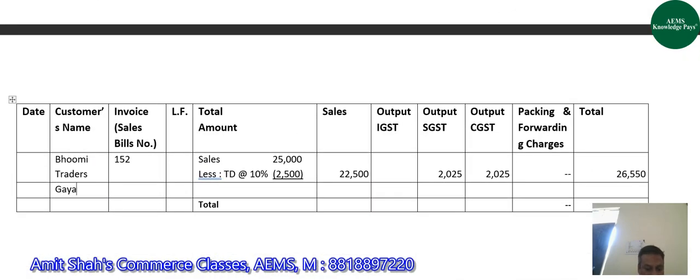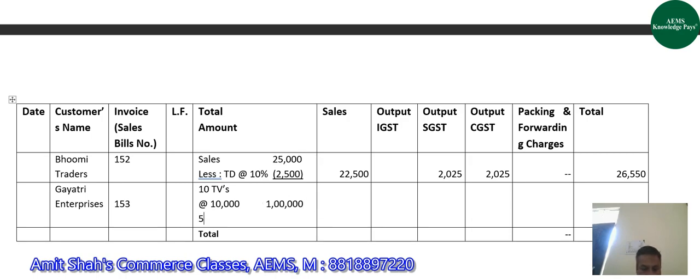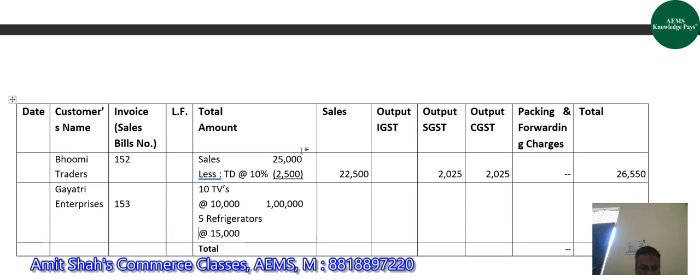It is Gayatri Enterprises. Bill number was 153. Why? Because bills would be in sequence. So here it was 152, here it would be 153. 10 television sets at the rate of 10,000, that is 1 lakh, and 5 refrigerators at the rate of 15,000, that is 75,000.